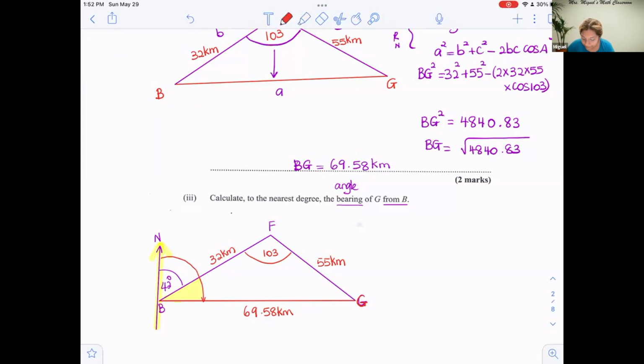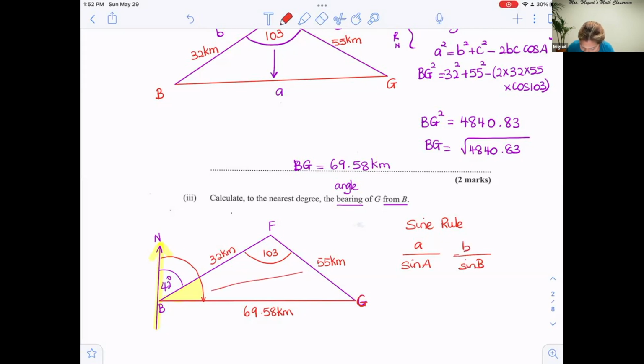If we can't remember the sine rule, we can go to the front cover of the booklet, and the sine rule says A over sine A is equal to B over sine B. That is the sine rule.